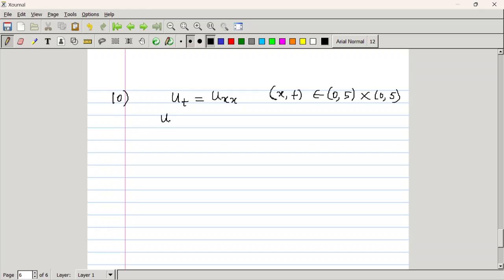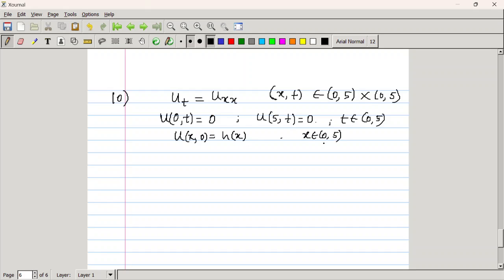On the boundary, u of 0 comma t is 0 and u of 5 comma t equal to 0, where t belongs to the interval 0 to 5, and initially u of x comma 0 equal to h of x, where x belongs to 0 to 5.